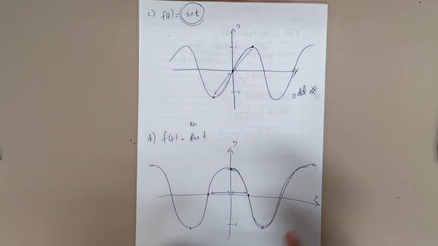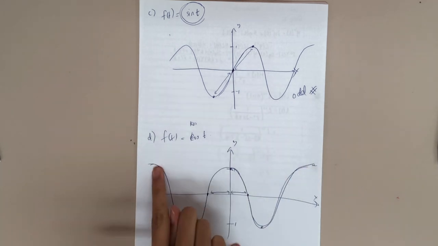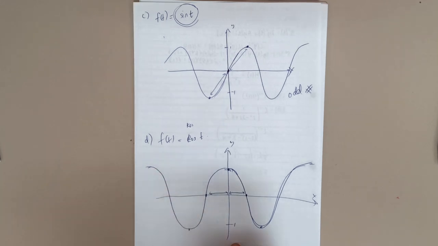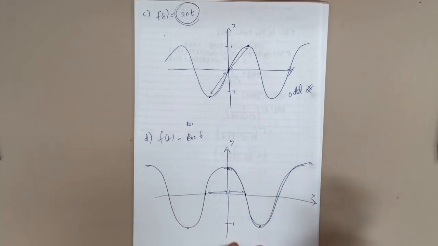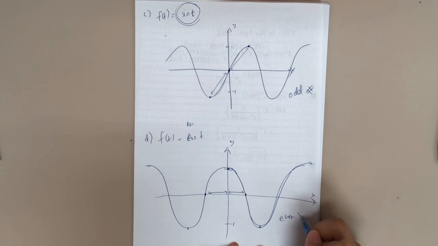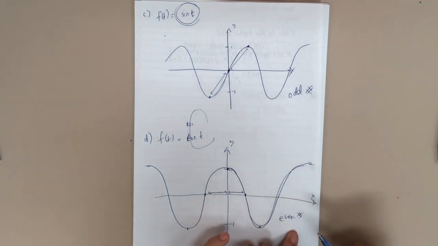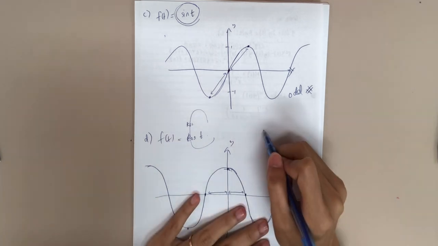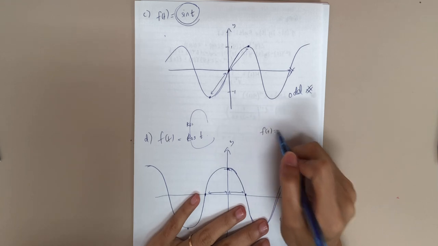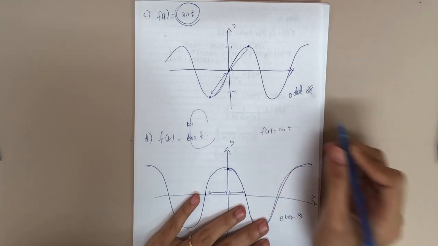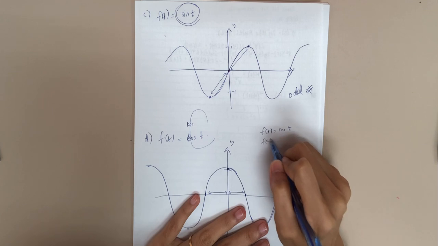If you flip on the y-axis, this point will touch this point, and this point will touch this point. So it's symmetrical on the y-axis. Therefore, cos t is an even function. So if you have a question or if you want to solve by using an equation, it will be something like this.